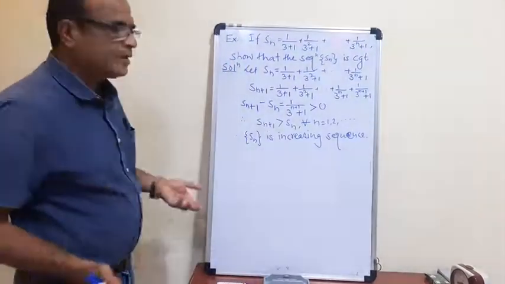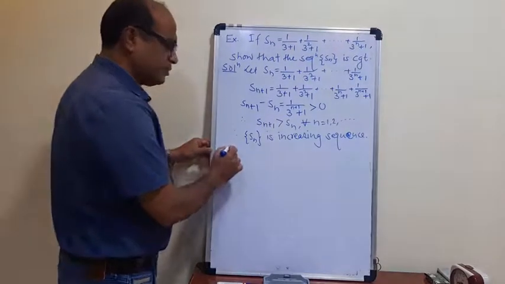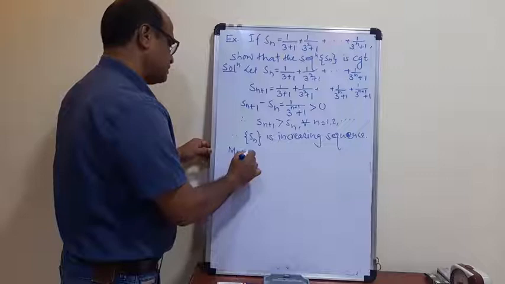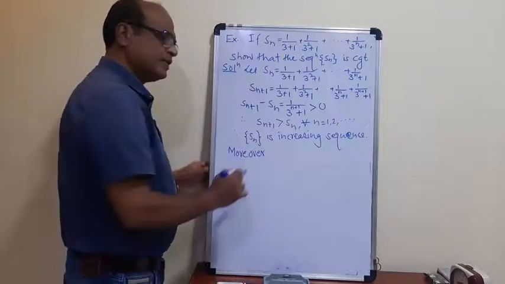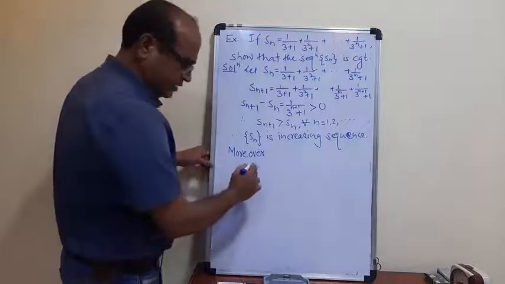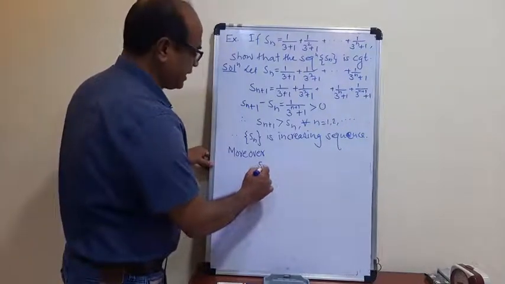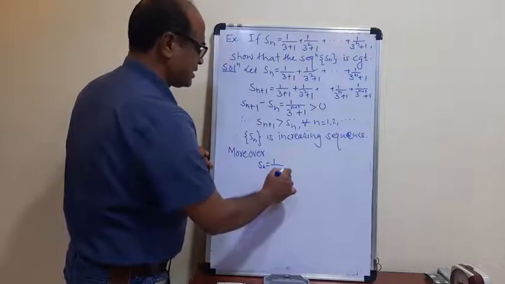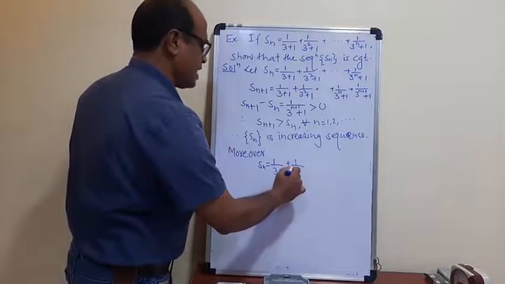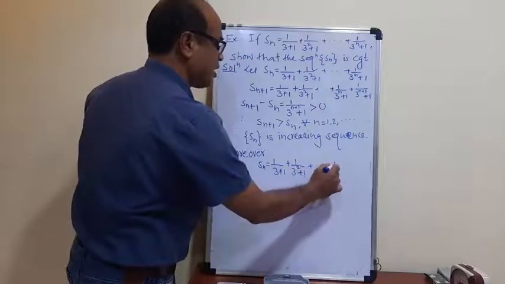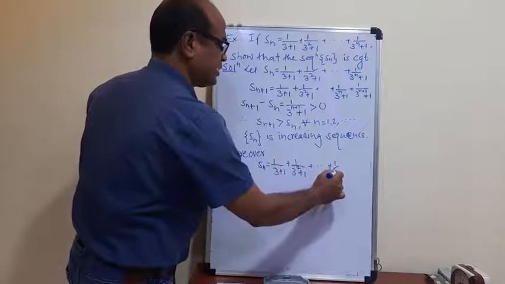Moreover, what is the second part? Again we take Sn equal to 1 upon 3 plus 1, plus 1 upon 3 square plus 1, and so on, 1 upon 3 raised to n plus 1.